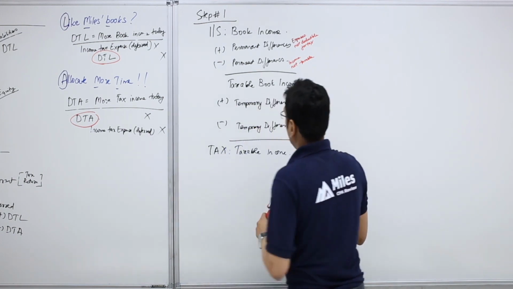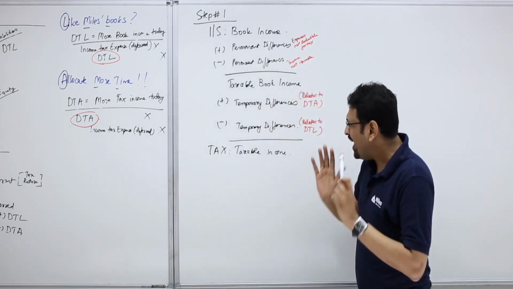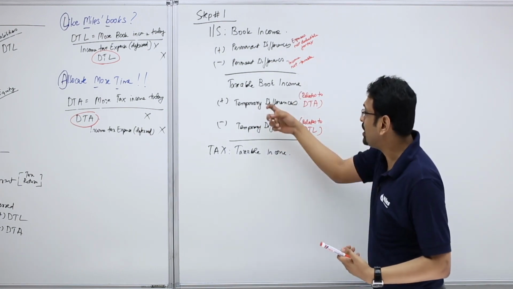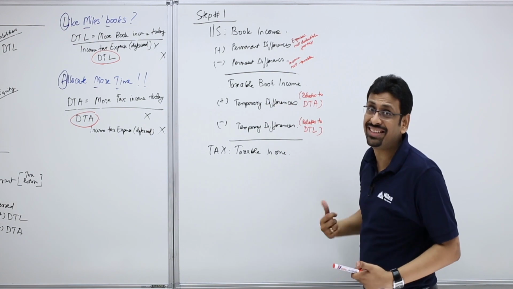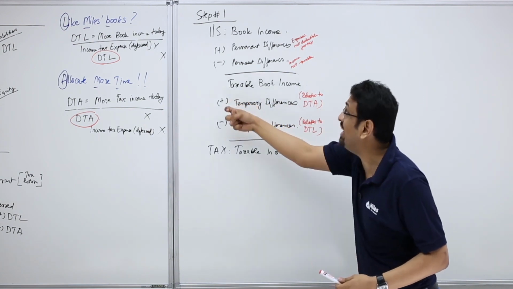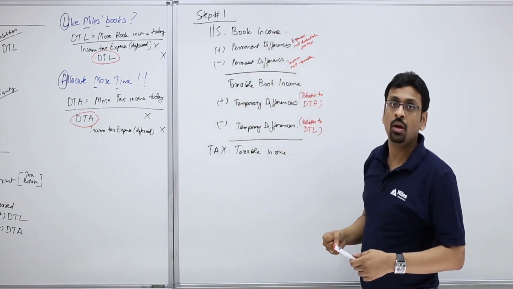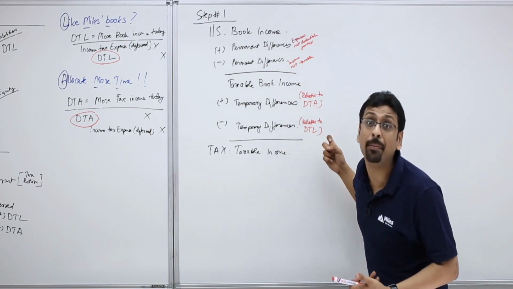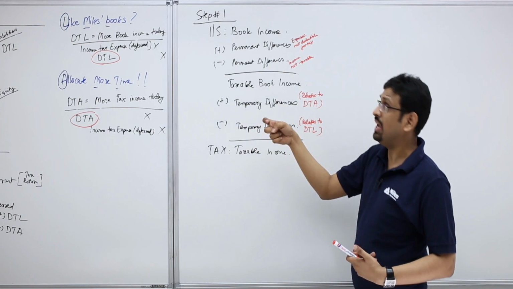DTL. So guys, now I can very safely say the temporary differences which create deferred tax assets are added in step number 1. The differences which create deferred tax liabilities are less in step number 1.